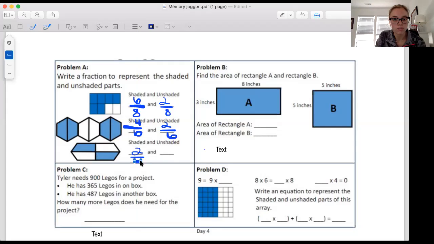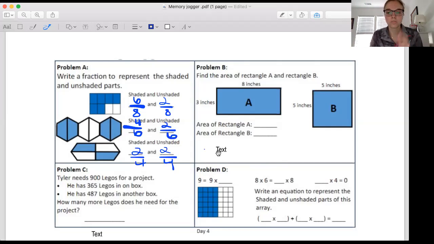Out of 4. And then again, our unshaded is also 2 out of 4.